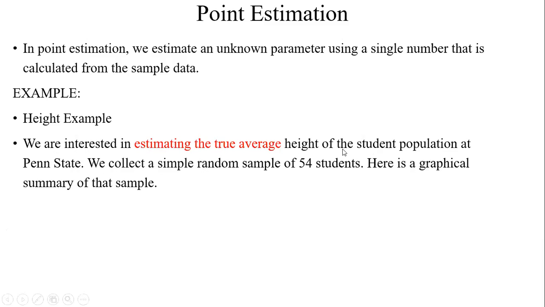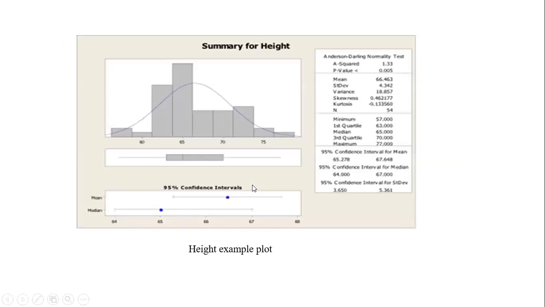So we collect a sample. We take a sample from that population. Random sampling has been done, and there are 54 students in the sample. After obtaining those results, the researcher has made a graph. In this graph, you can see this is a normal distribution, and the midpoint is here. I think this picture must be clear to you. I will read it if you can't see clearly.